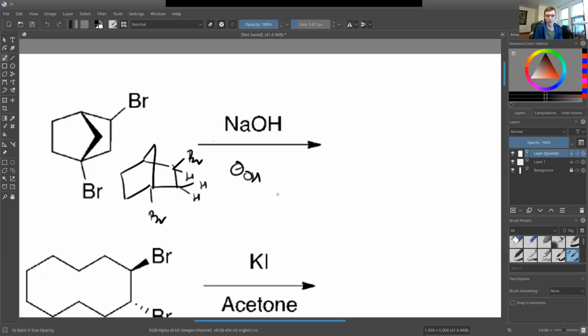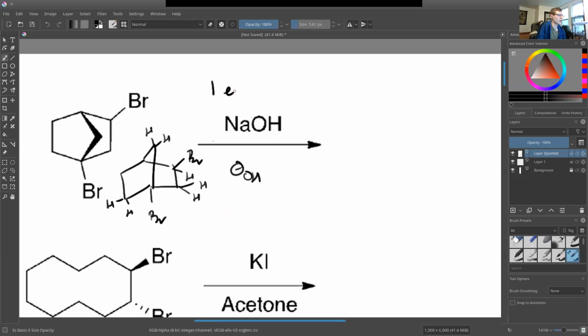And so what type of reaction are we going to do? E2. Yeah, we're going to do E2. Okay, exactly. And now the question is, which of these two bromines are we gonna take off?